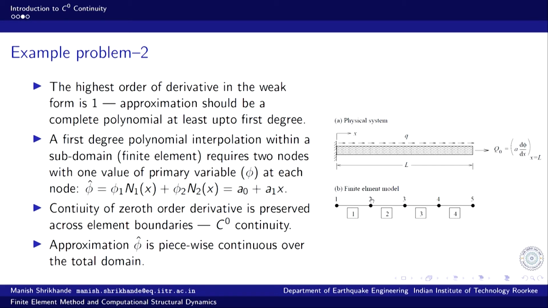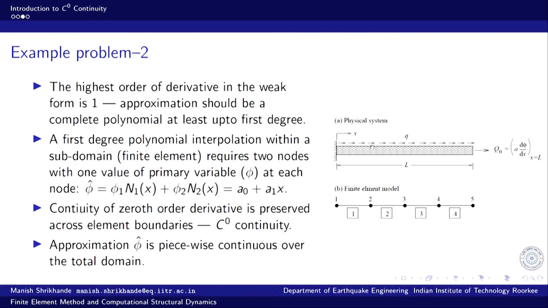nodes 1 and 2. These are the node numbers, that they are numbered sequentially, so that all node positions can be identified without any ambiguity. So, each node is defined by its coordinate. So, node 1 is defined by coordinate x1, that is x1 is equal to 0 in this case.